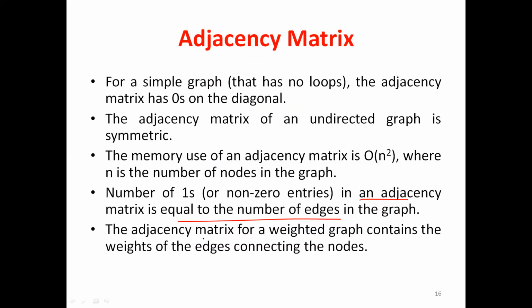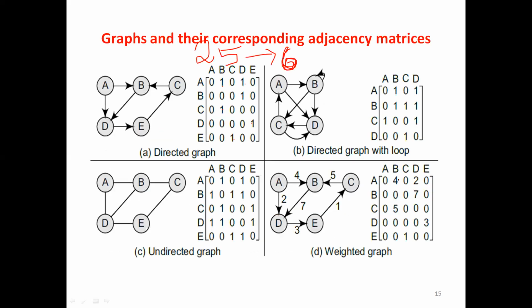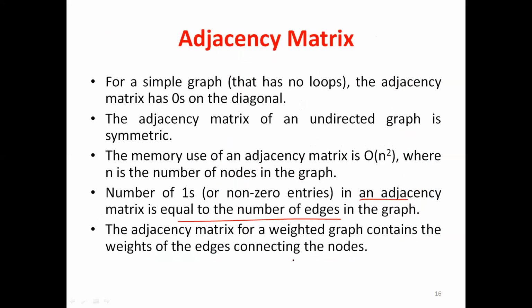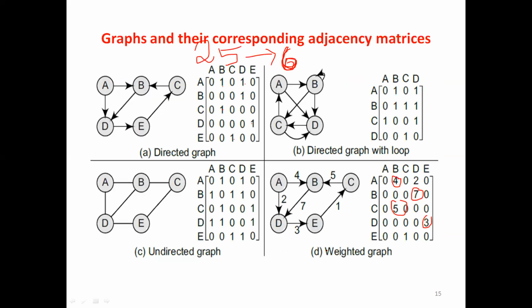The adjacency matrix for a weighted graph contains the weights of the edges connecting the nodes, like 4, 7, 5, 3. If at any point you are not able to hear me, please let me know.